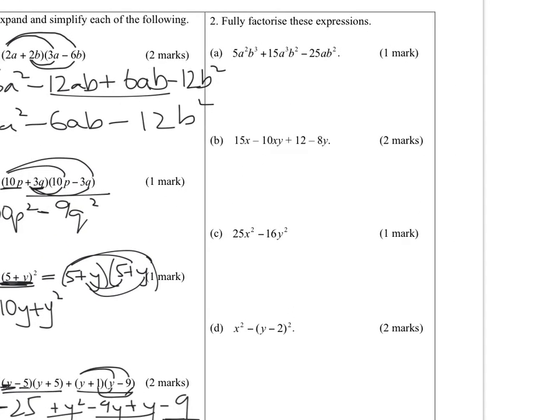Okay, factorise fully. So when we factorise, first thing we do is look for common factors. What goes into all of those? 5 does, and an a, because this one only has 1a, and b squared is the lowest of each.